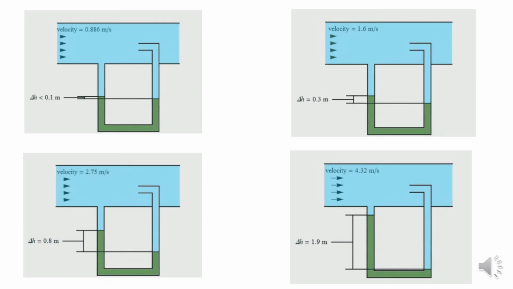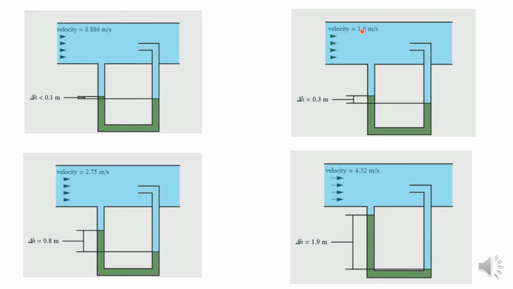In the image we can see, as the velocity of the fluid increases, the pressure difference also increases. Here we can see, when the velocity is 0.886 meter per second, the change in pressure is 0.1 meter. Here the pressure is given in metric height.